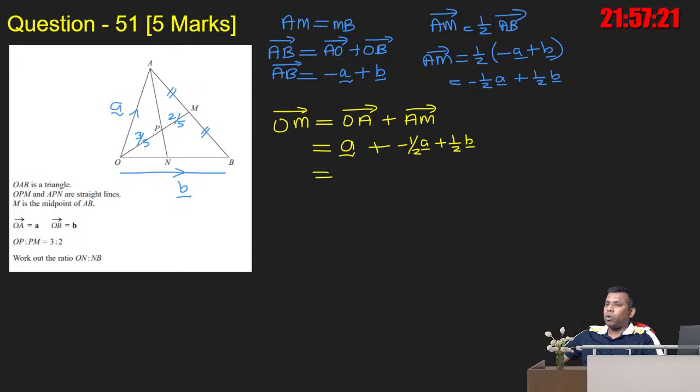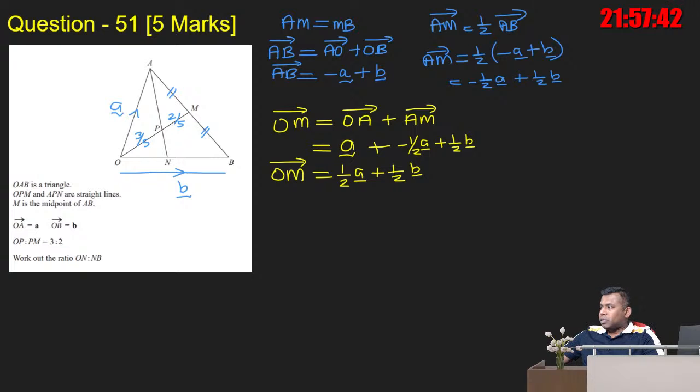So A is the one whole, take away half A is half A, plus half B. So OM vector is half A plus half B. So we already have that one, right?